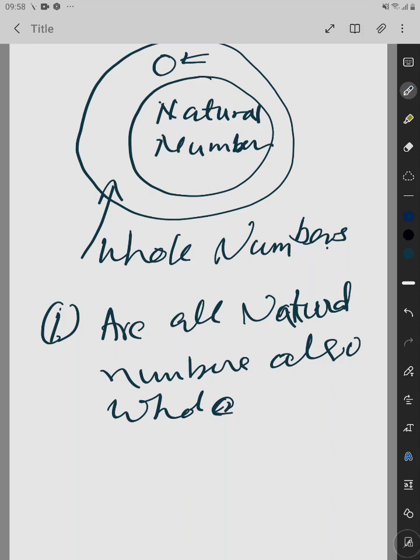This question can come as true or false. We have already studied just now that all natural numbers are whole numbers. The same thing they are saying here.